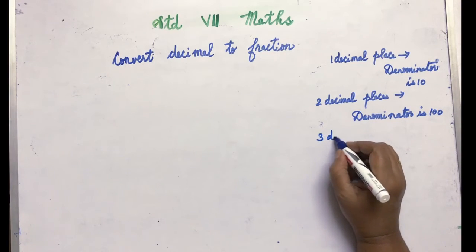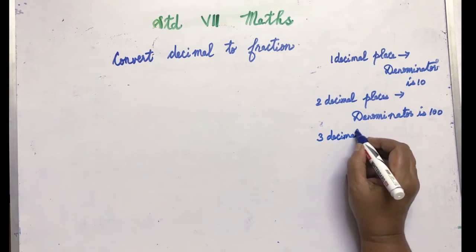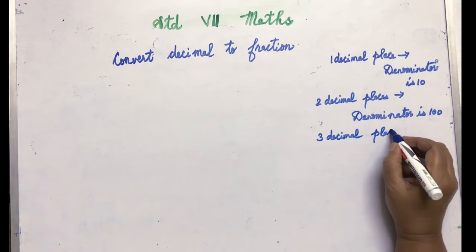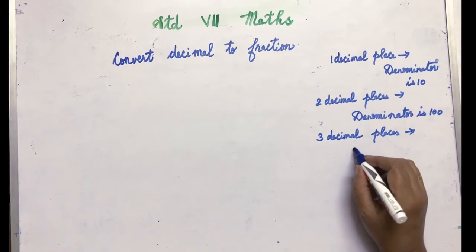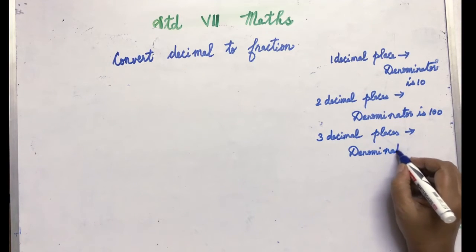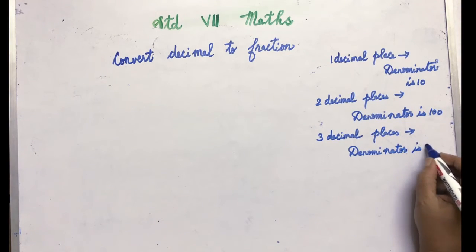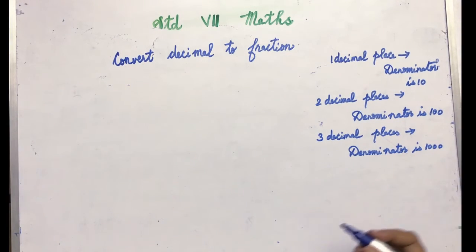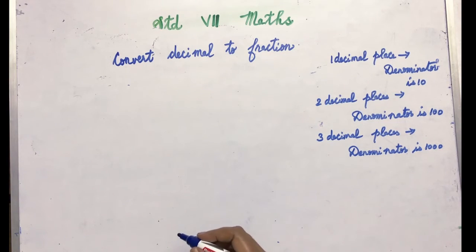If we have three decimal places, denominator is 1000. Now we shall do the sums using this.